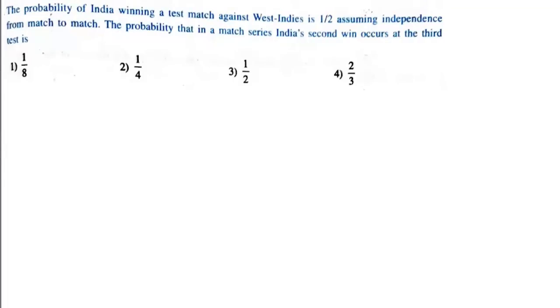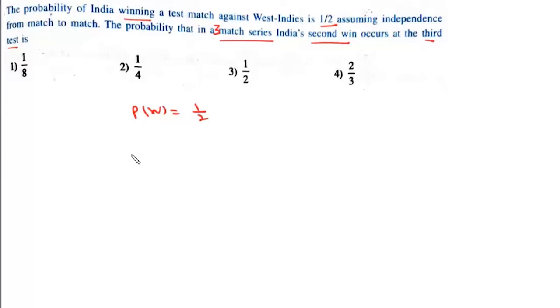Now here the question is, the probability of India winning a test match against West Indies is 1 by 2. So the probability of India winning is 1 by 2, and assuming independence from match to match, we need to find the probability that in a match series, India's second win occurs at the third test. I think it should be a 3-match series. Now the second win should occur at the third test.